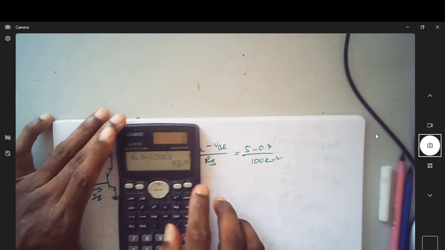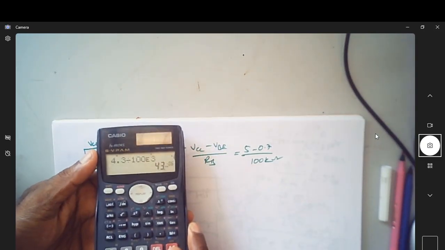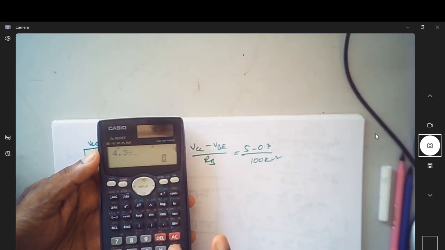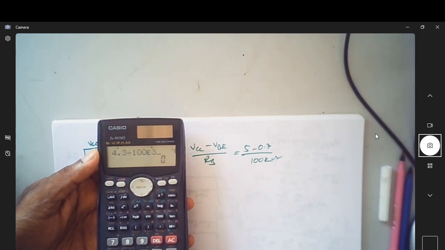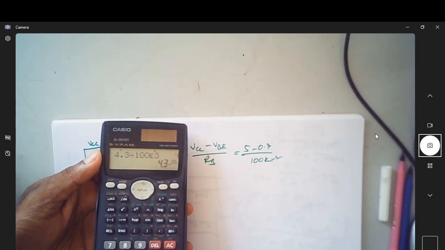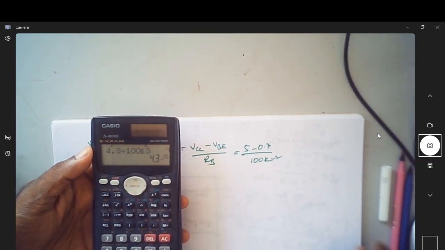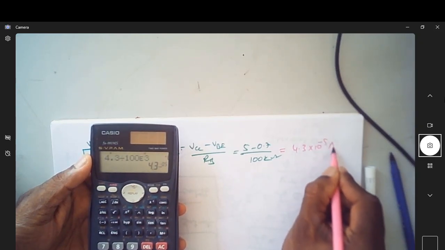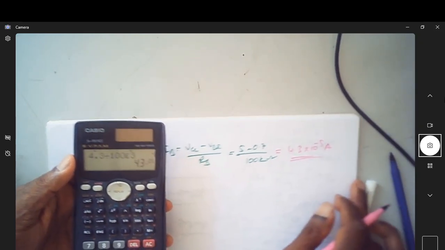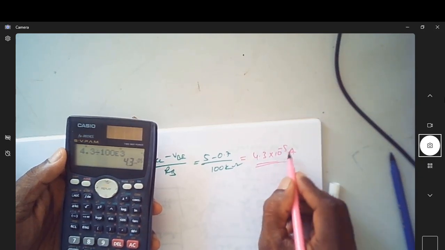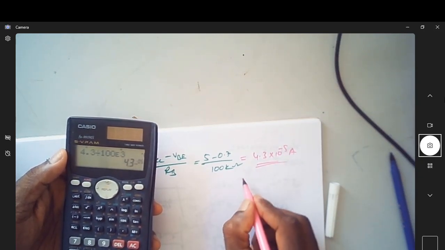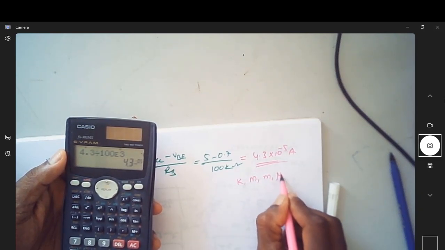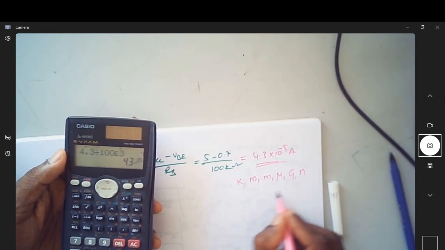Now always put the value of current in either milli or micro. The moment you do 4.3 divided by 100 exponential 3 and press equals, it will come as 4.3 into 10 power minus 5. Never write the answer as 4.3 into 10 power minus 5 ampere. Please don't write it, because we engineers will always write quantities in kilo, mega, milli, micro, giga, nano, pico.